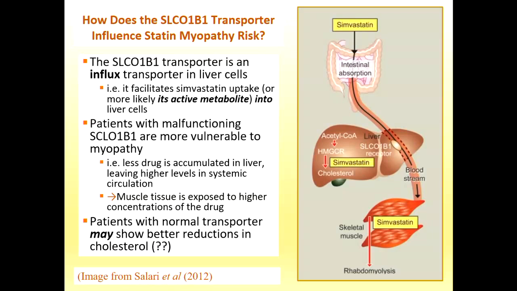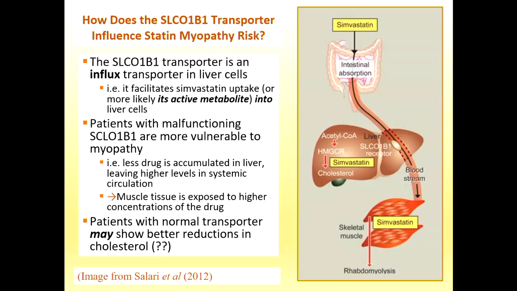Basically, you're less likely to accumulate the drug in the liver, and you'll undergo less metabolism, leaving higher concentrations in the bloodstream. So there's higher exposure of skeletal muscles to the drug and its esterase metabolite.